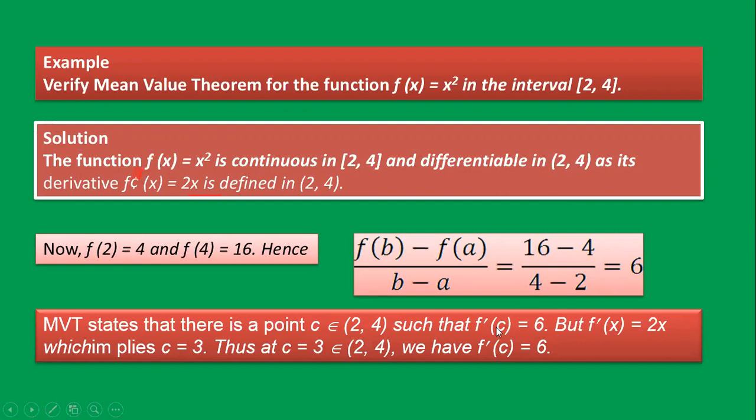So f dash c is equal to 6. But f dash x is equal to 2x. We have found here that f dash x is equal to 2x. So when we put the value of c equal to 3, at c equal to 3 we have f dash c is equal to 6. So both ways we are getting the value 6. So the mean value theorem is also verified.